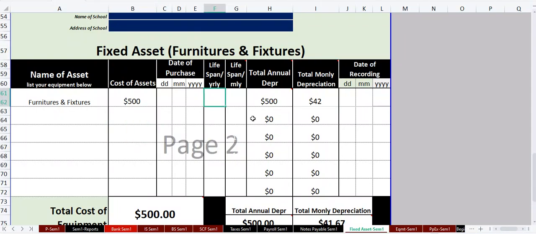Let me see something here. As you can see, what's happening here is that we say 1 year. Let's say the furniture and fixture we bought will go for something like 2 years.